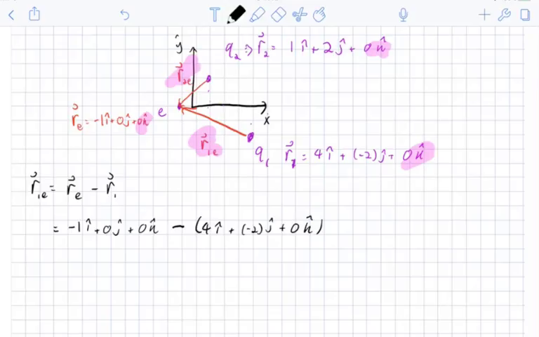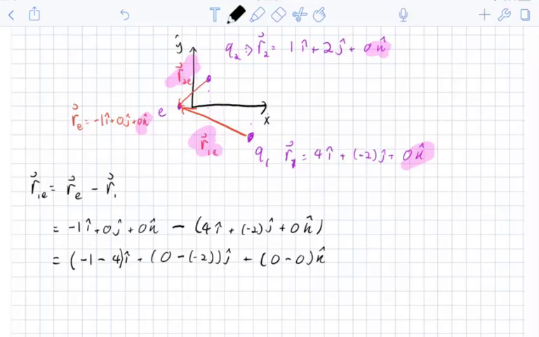I'm going to make this procedure as explicit as I can. If you can do these in your head, congratulations. So this becomes minus 1 minus 4 times i hat, plus 0 minus minus 2 j hat, plus 0 minus 0 k hat.